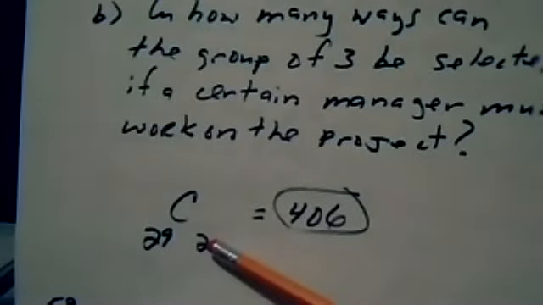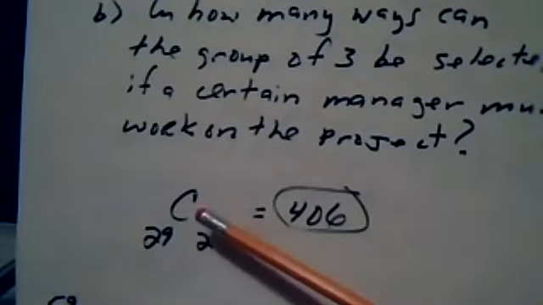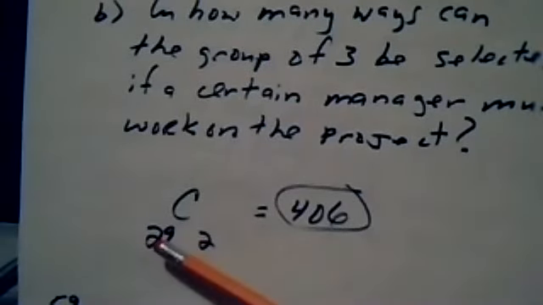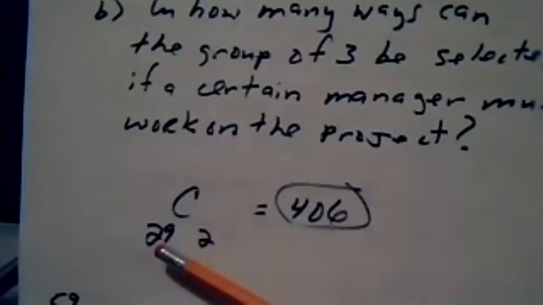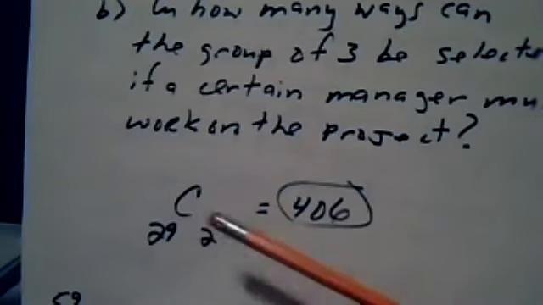That's why this is a 29 instead of 30, and that's why this is a 2 instead of a 3, because one person is already in the group. So you only have 29 to choose from, and you only need 2 more people. You could do this in the calculator, and it will give you 406.